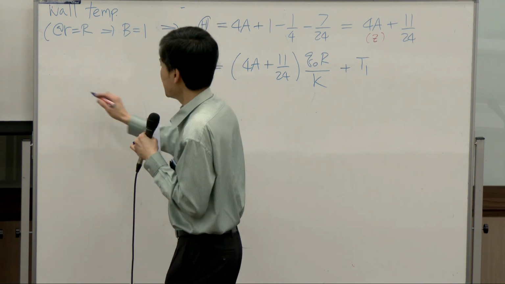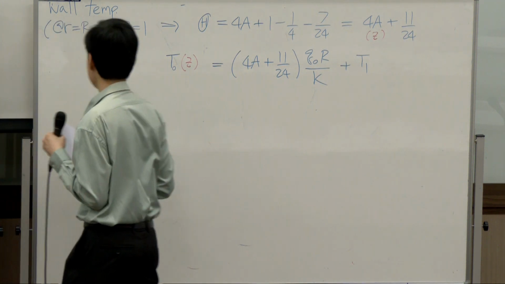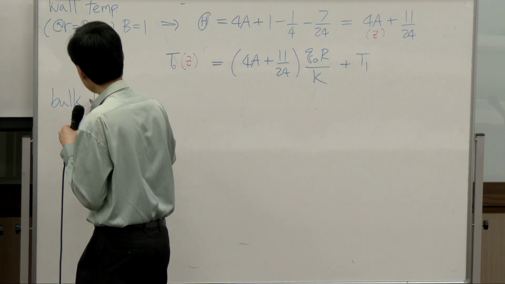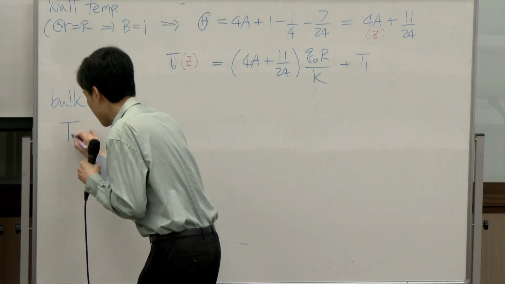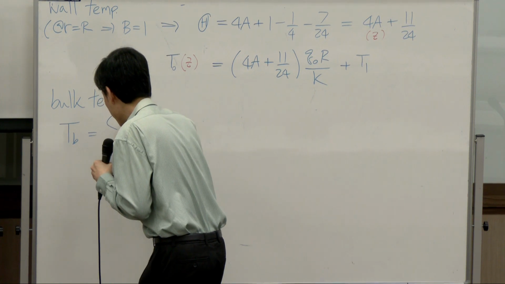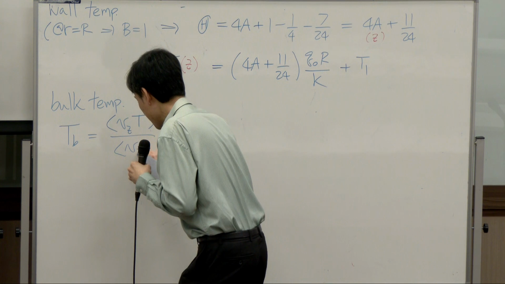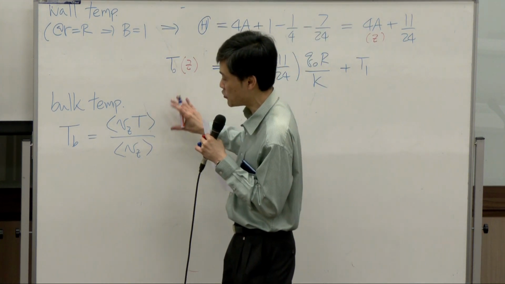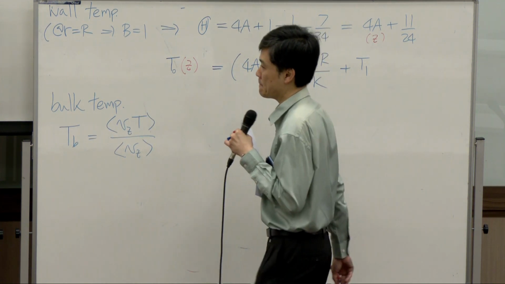Now, same thing. From temperature profile, I can find bulk temperature. Bulk temperature is defined by the average with respect to velocity. This is the definition of cup mixing temperature, which we will use as the bulk temperature. Okay?